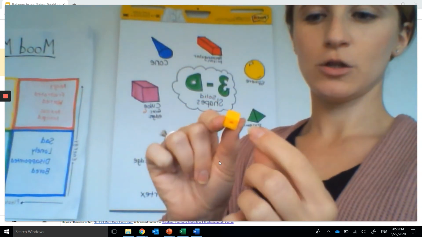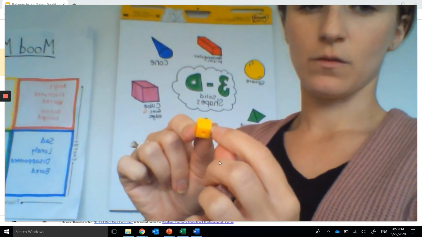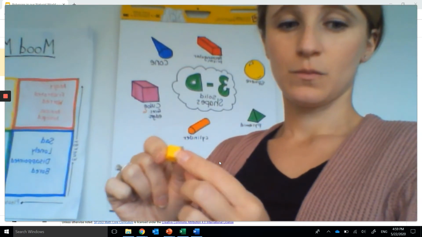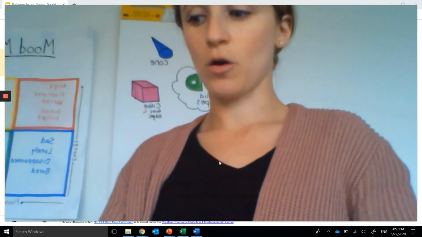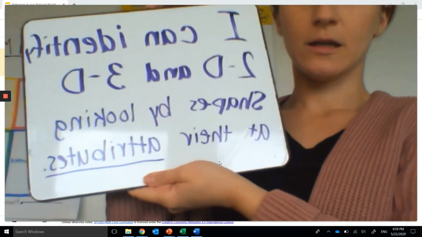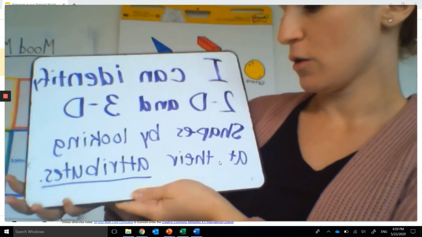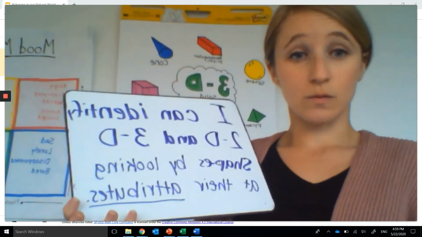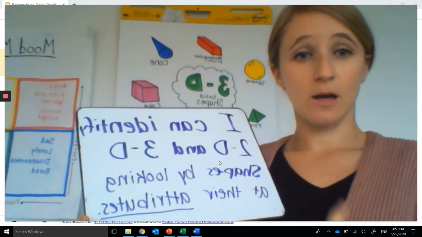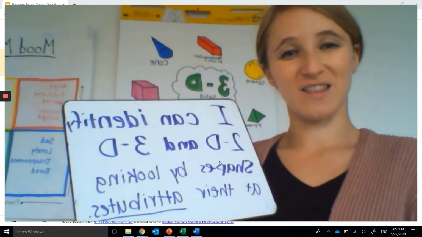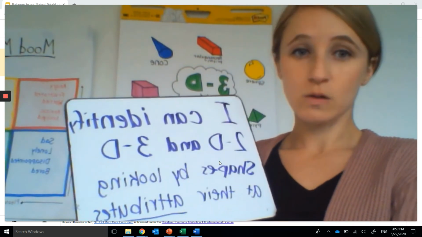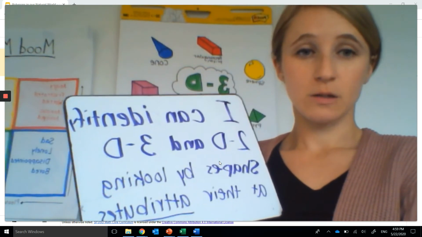This is an edge, and this is the vertex. All right, so remember our goal was I can identify 2D and 3D shapes by looking at their attributes. The vertex, the sides, and the edges, the faces and the edges are all attributes of 3D shapes.